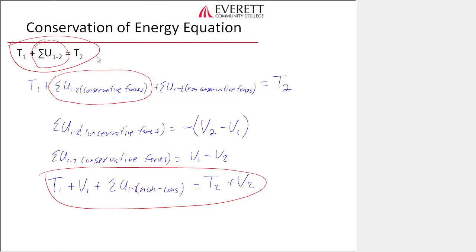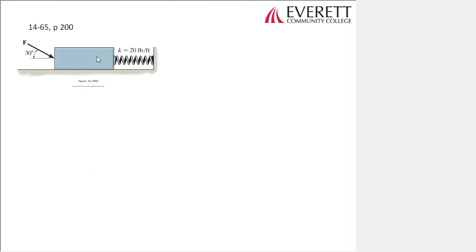So let's do some example problems. This one states we're given that the weight is 50 pounds, and there's a force applied, and that force has an equation. The weight of the block is 50 pounds.